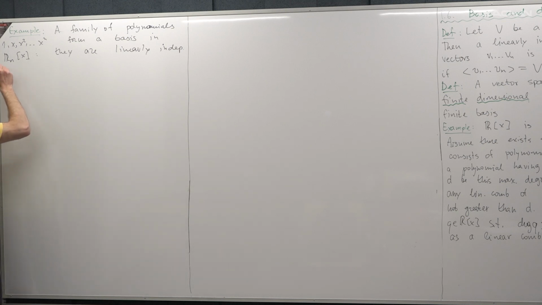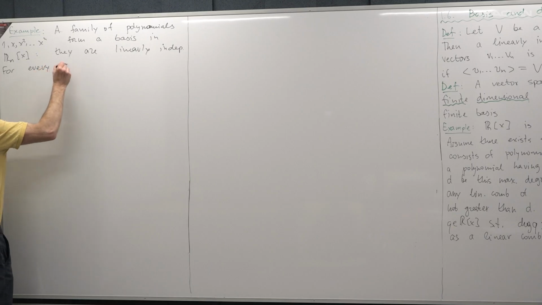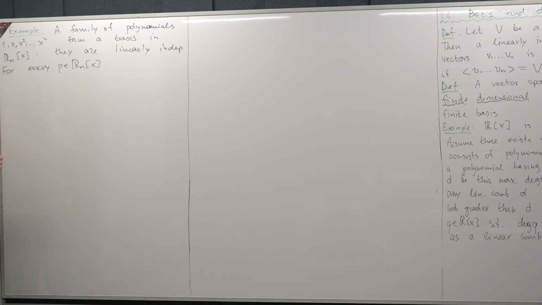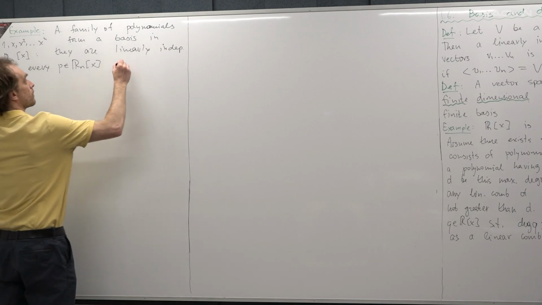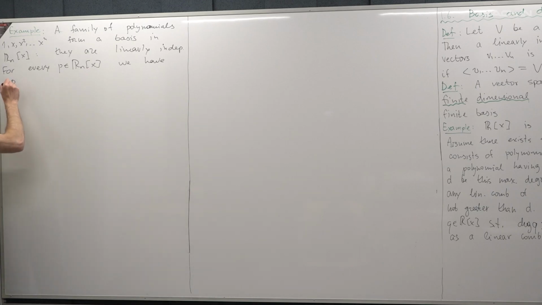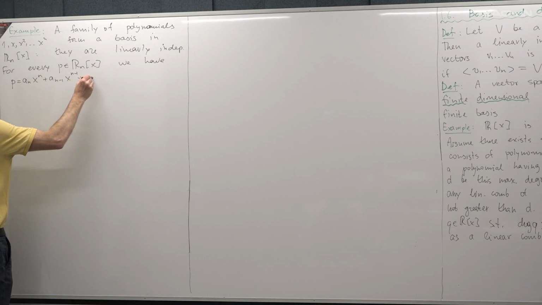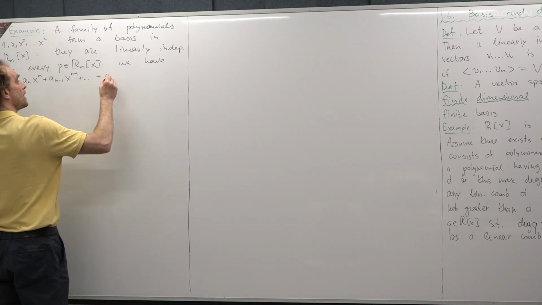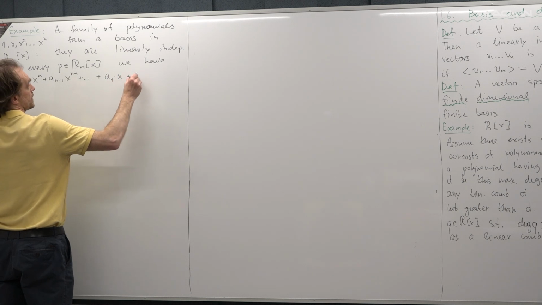And for every polynomial p from this space, we have p equals a sub n multiplied by x to the n plus a sub n minus 1 multiplied by x to the n minus 1 plus etc. plus a1 multiplied by x plus a naught.